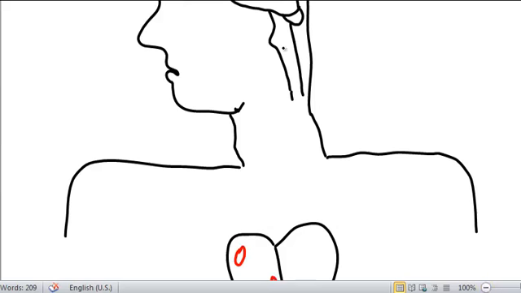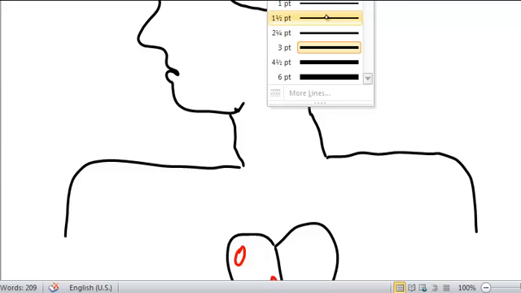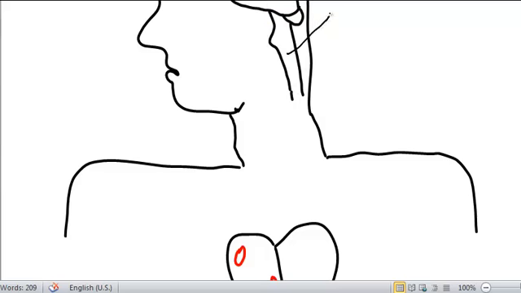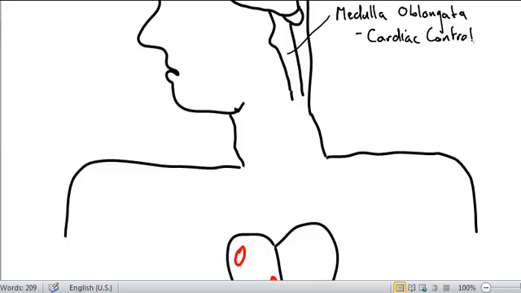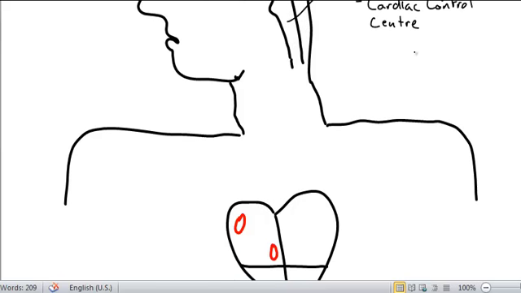Is here, this is my pons, my brain stem, and below the pons, we should remember, is our medulla oblongata with what's called the cardiac control center. Which can send signals controlling our heart rate. Okay?